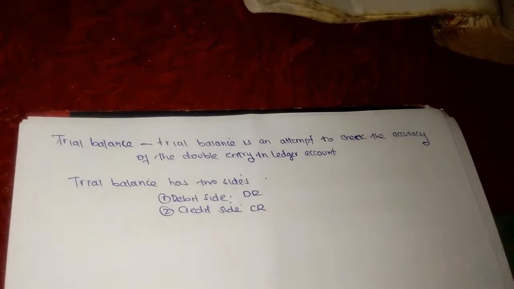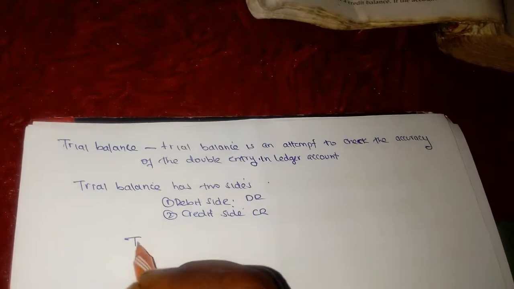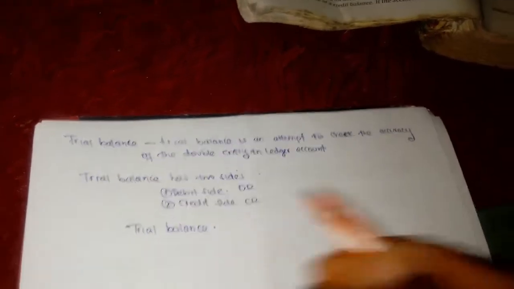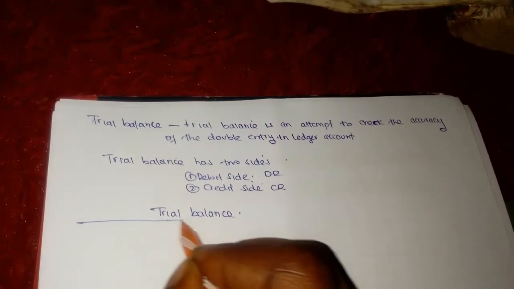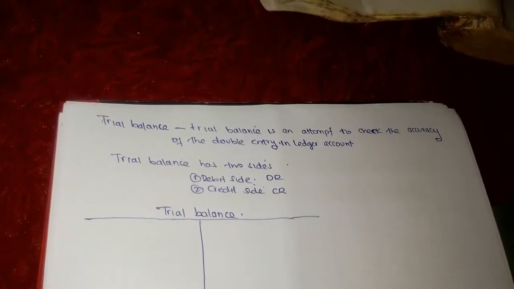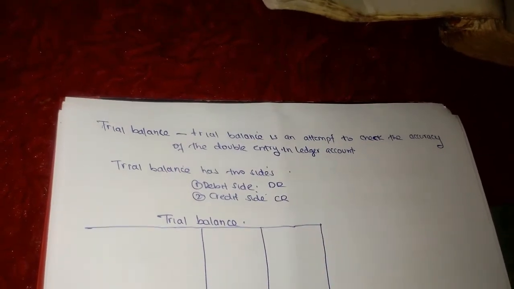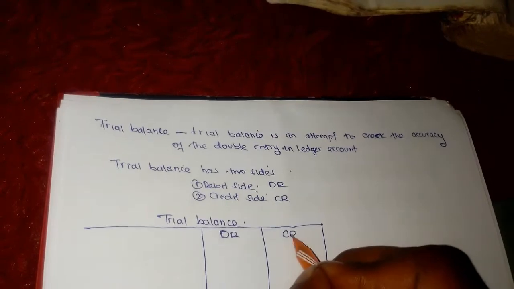So for example, we may come up with a table. This is how a trial balance looks like. Remember, you use a ruler in an examination room. So we have our debit here, and we have our credit side.